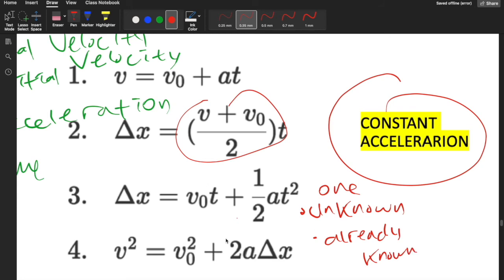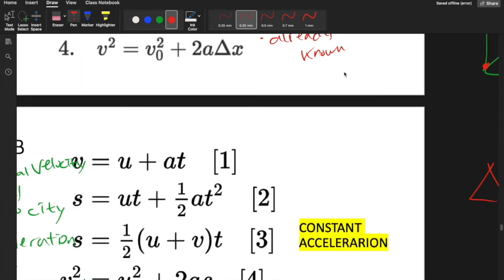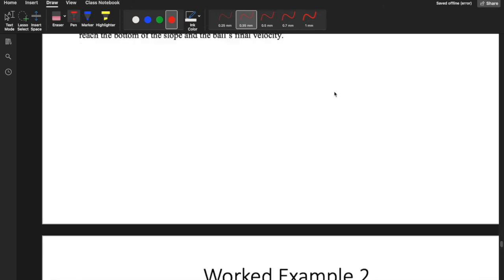So if I ask you to solve for time, and I give you the initial velocity, the acceleration, and the displacement, you can just apply this equation. You're not going to use this one because you don't know the final velocity, so there's no way for you to do it, right? So let's go back to the example.